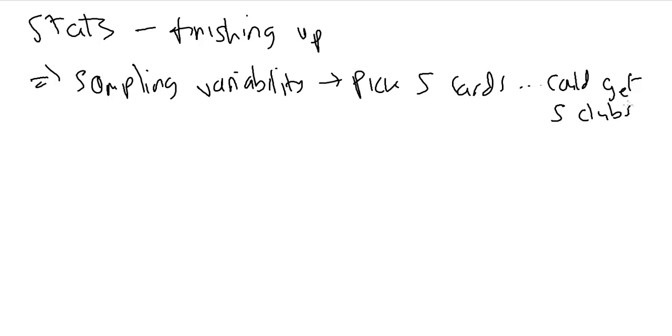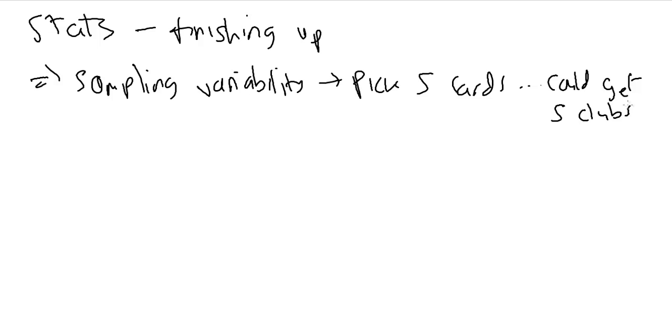Because the probability of picking 1 club is, say, 1 in 4. The probability of getting 2 clubs in a row is 1 in 16, again if it's randomized and there's the same chance of any of the suits getting picked.